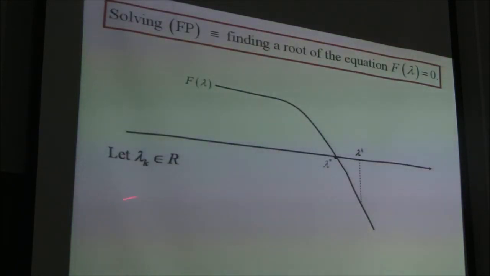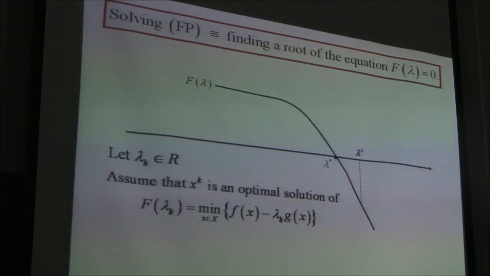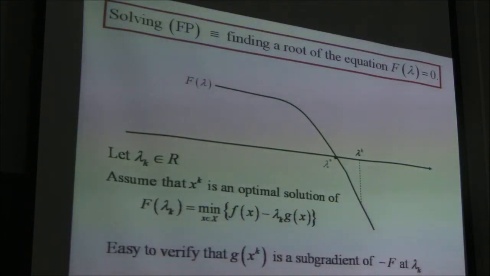So let's take a scalar lambda k. Assume that xk is an optimal solution for the associated problem. Then it is easy to see that if we evaluate the function g at xk, we get a subgradient of the function minus f, evaluated at lambda k.